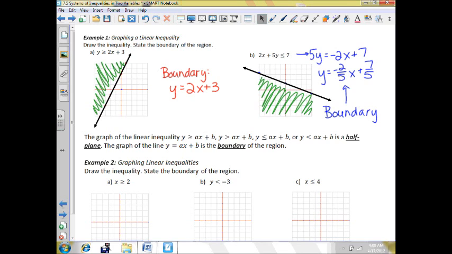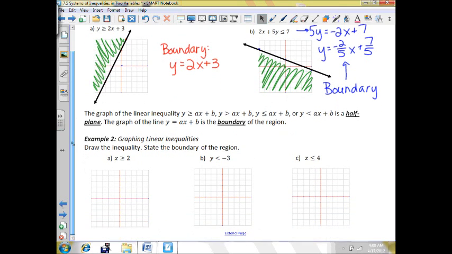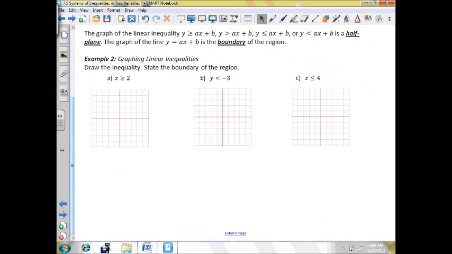Now the graph of a linear inequality, y greater than or equal to ax plus b, just greater than ax plus b, less than or equal to ax plus b, or less than ax plus b, is a half plane. The graph of the line y equals ax plus b is the boundary of the region. We kind of talked about that already, but it needed to be said again.